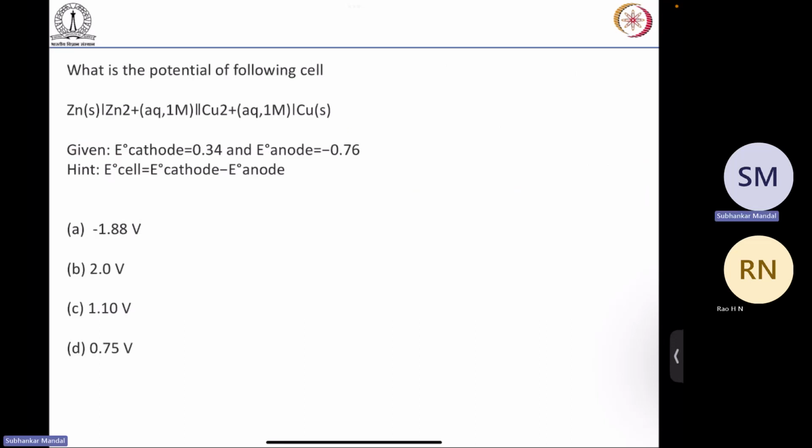Then what is the potential of the following cell? This is the cell representation. Zinc is going to zinc 2 plus, and copper 2 plus is going to copper. E cathode is given, E anode is given. Then what will be the E cell?